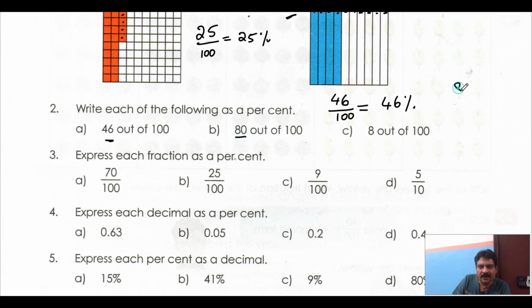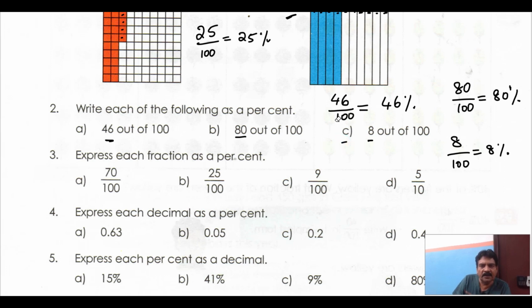As I told you, anything out of 100 is considered as percent, so it is 80%. In the same way here, 8 out of 100. Anything out of 100 is percent, so you will call it 8%. So the answer for C is 8%.